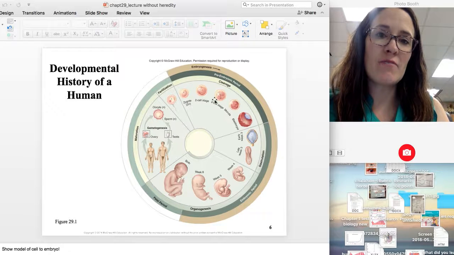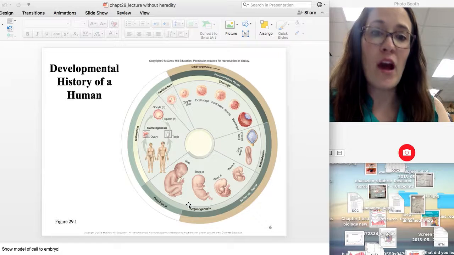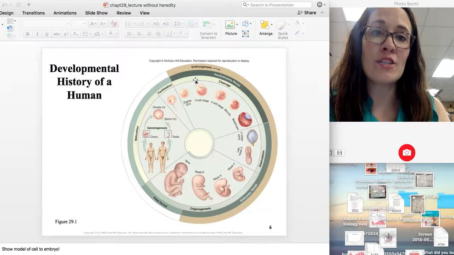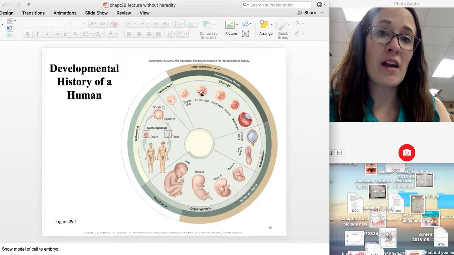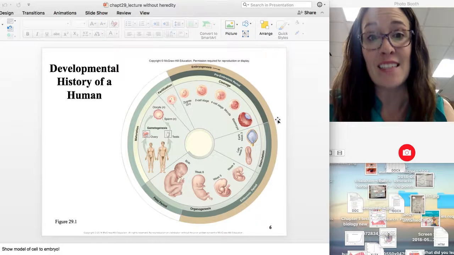This is a very nice figure that overviews the pre-embryonic period, embryonic period, and then the fetal period. Here we have fertilization. In the pre-embryonic period, like I said, there's a series of cellular changes that happen. And here is essentially when a pregnancy can be detected.